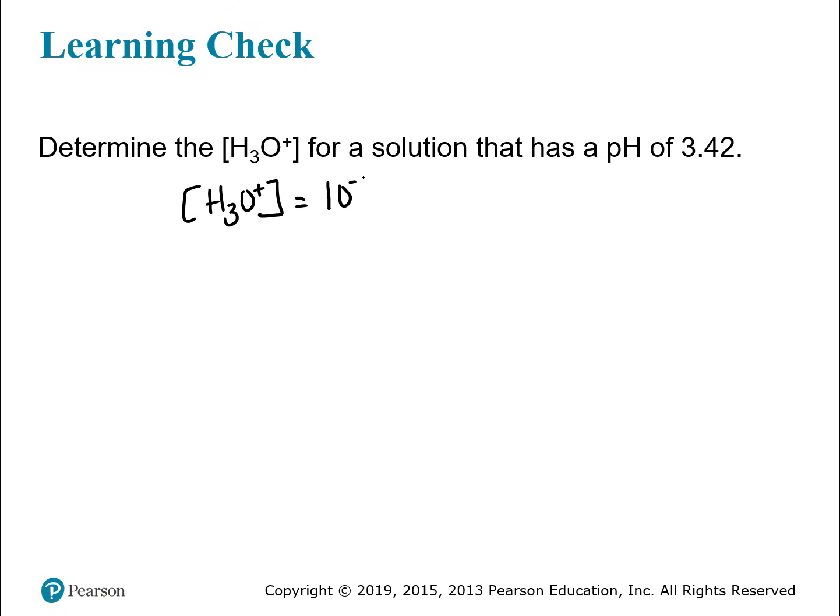We know this equation for finding the hydronium concentration with pH. So all we have to do is substitute in our pH from the problem here.